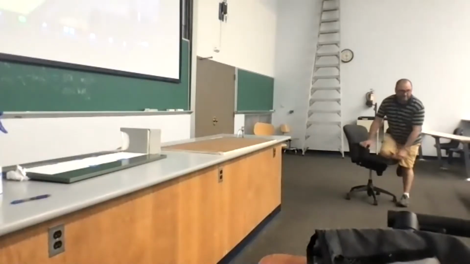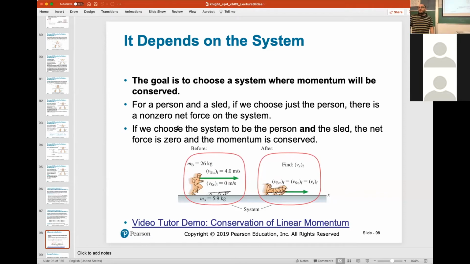I think the chair has a lot of friction. So I think it's going slower, because the momentum of the system has to be the same. And so if we add a bunch of mass, I think it's going to slow it down.